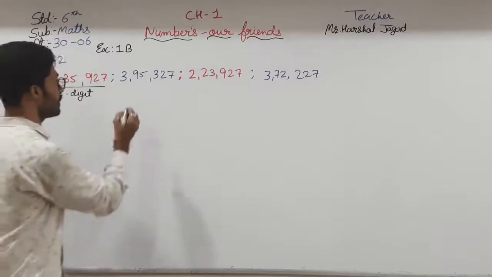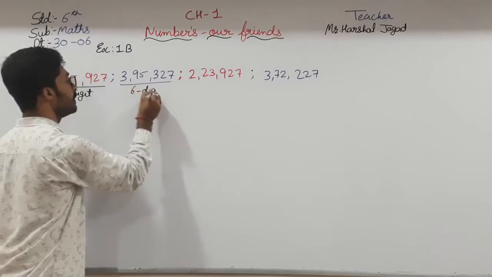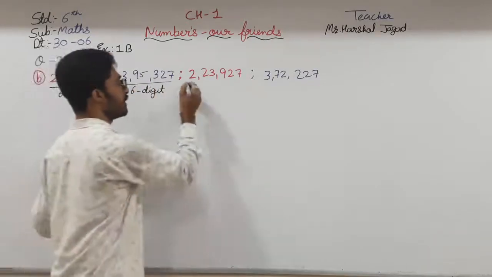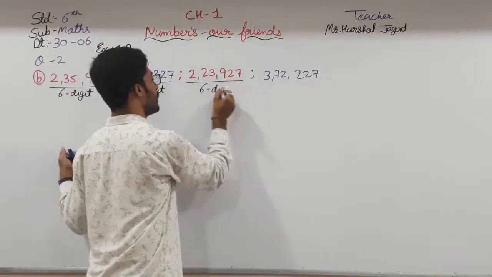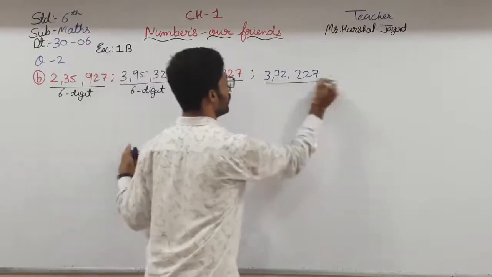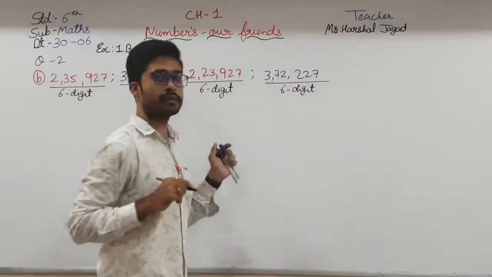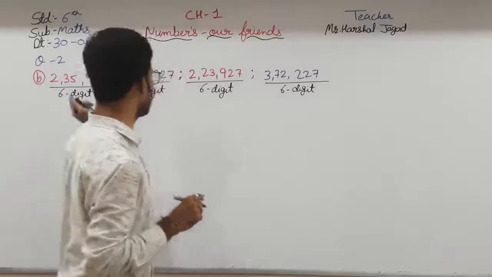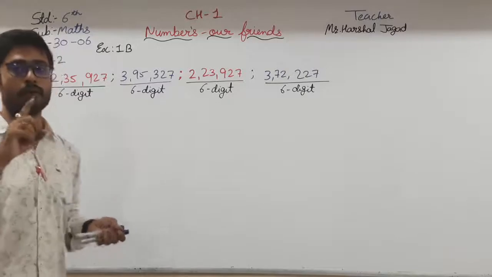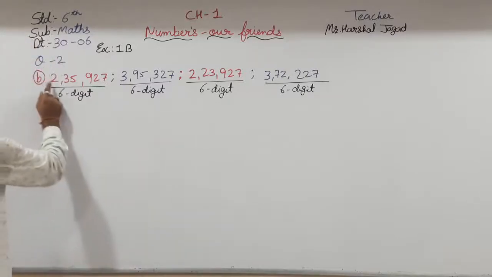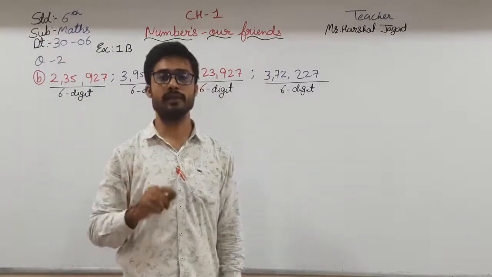Then this one has 1 2 3 4 5 and 6 digits. The third one is also 6 digits, and this is also 6 digits. Sorry, these 4 are all 6-digit numbers. So first of all, we have to see the first digit of all the numbers. Here it is 2, 3, 2, 3. So we have to keep this in ascending order.